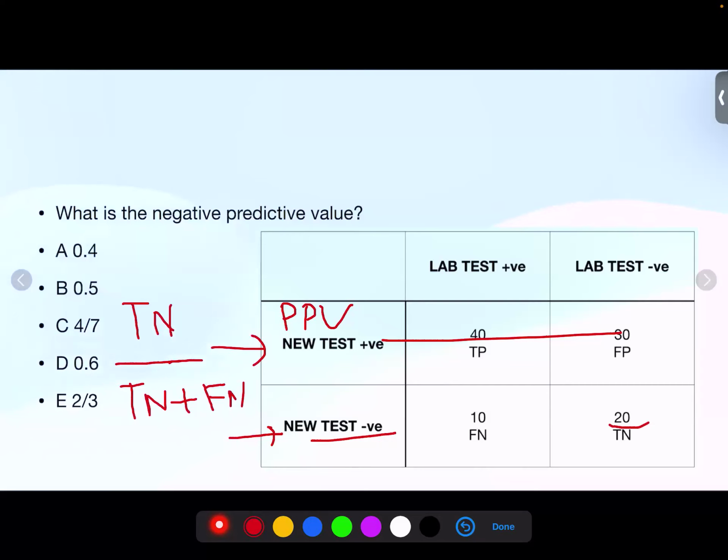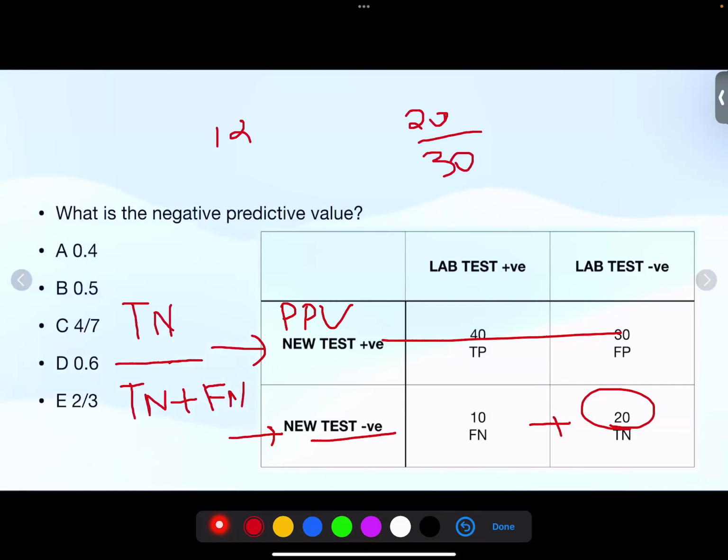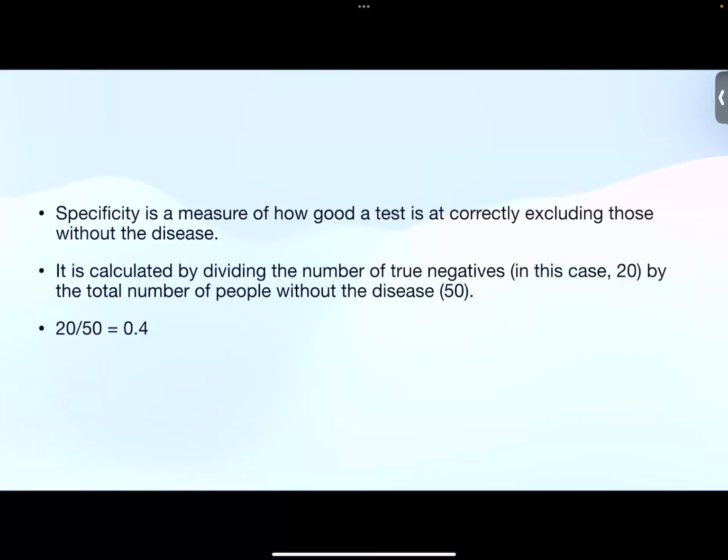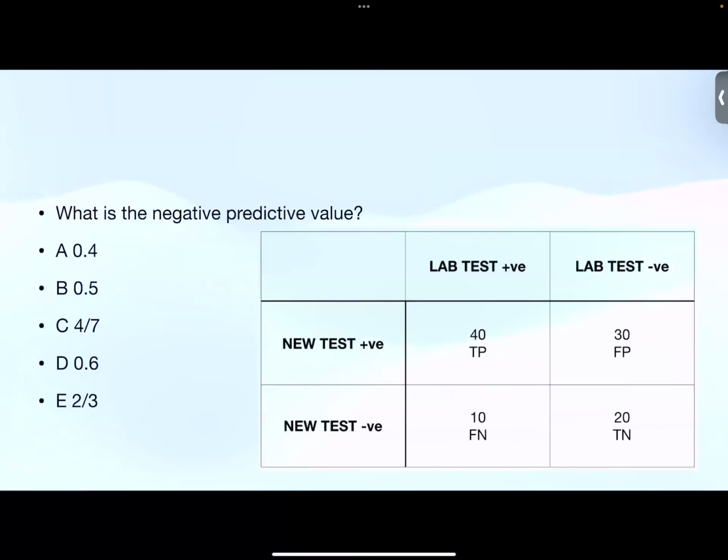So true negatives are 20, divided by all negatives, which are 30. So 2 by 3. Okay, 2 by 3 is the answer here. So this is the negative predictive value, and this is how you can also calculate the positive predictive value.